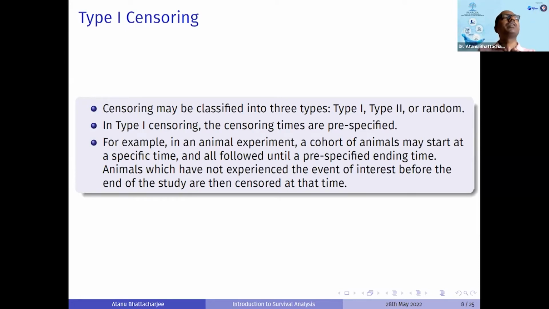I am going to start my study from, let's say, January 2021 to December 2022, and whatever observations come in that window, I will take. Beyond December 2022, whatever happens to the particular patients, I'm going to call a censored observation. So that's the fundamental difference in study design, or looking at the data in a different manner. That kind of censoring is called type 1 censoring.